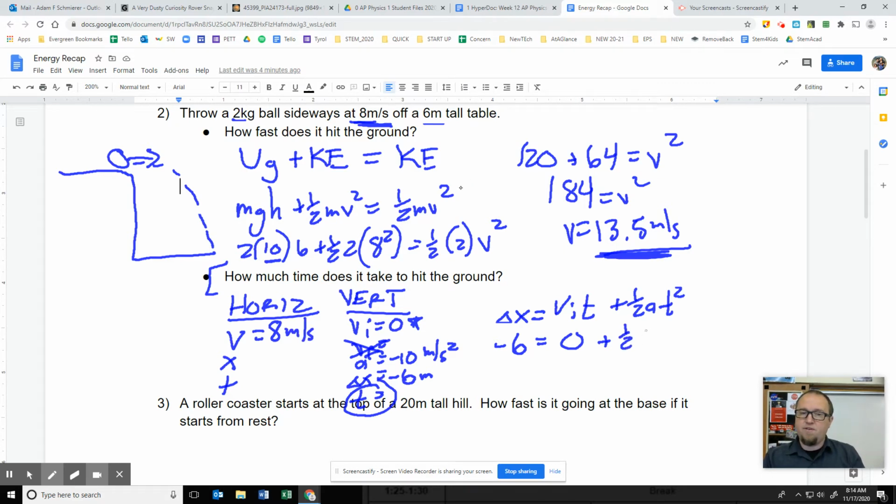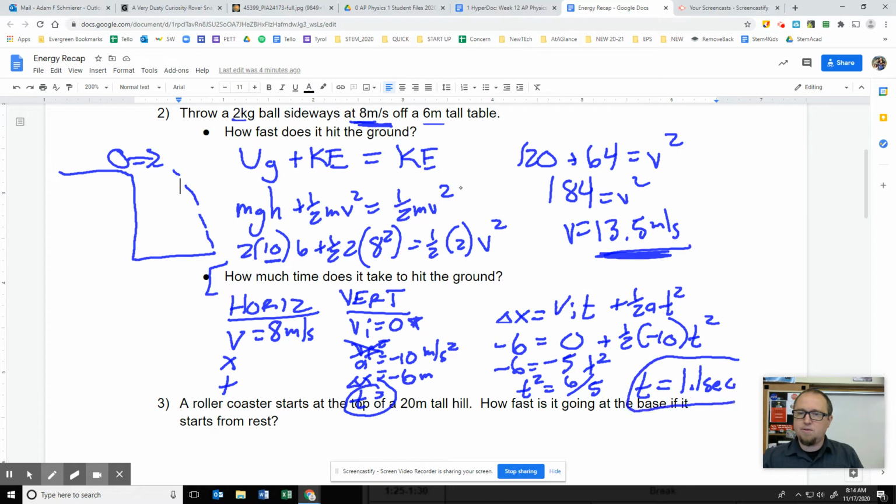So 1/2 a t squared. We get -6 equals -5 t squared. So t squared equals 6/5. It's positive now. I'm going to take the square root, just so we get a number. Square root of 6/5, 1.1. That is the time it takes.